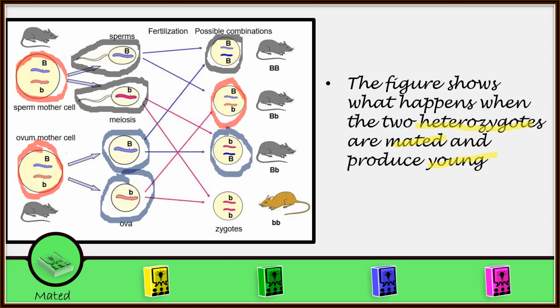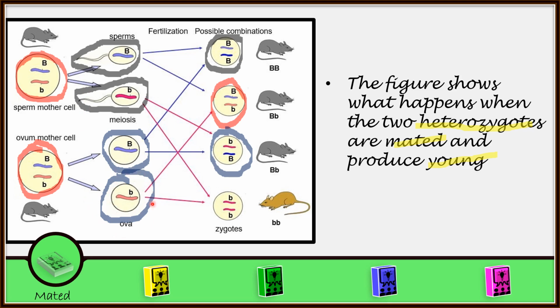This zygote has two alleles, a small b allele and a capital B allele, which indicates that the offspring is going to be black because there is a dominant capital B allele which instructs the color to be black. Then again, this same sperm can have an opportunity to go with this ovum here.